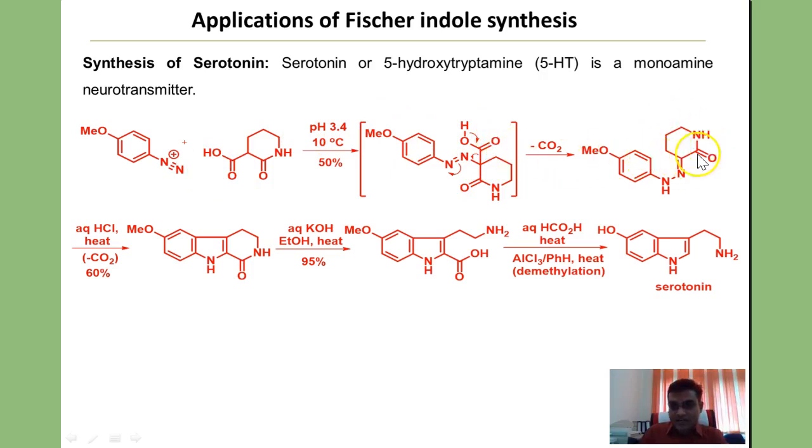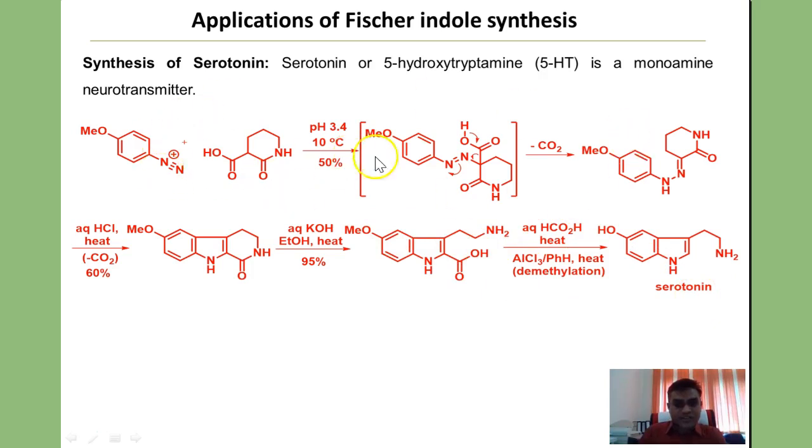Decarboxylation occurs here, and we get a phenylhydrazone derivative. This phenylhydrazone derivative undergoes cyclization, and we get a Fischer indole product. Then ring opening occurs, and it undergoes decarboxylation under the conditions, as well as demethylation, to form the serotonin molecule.